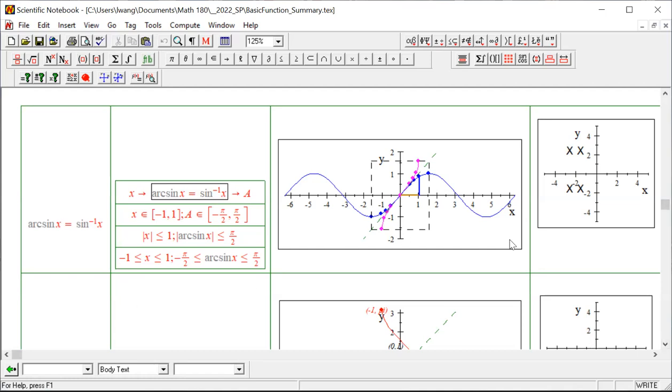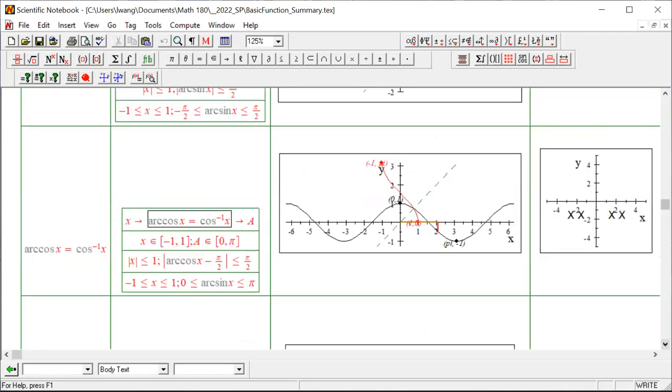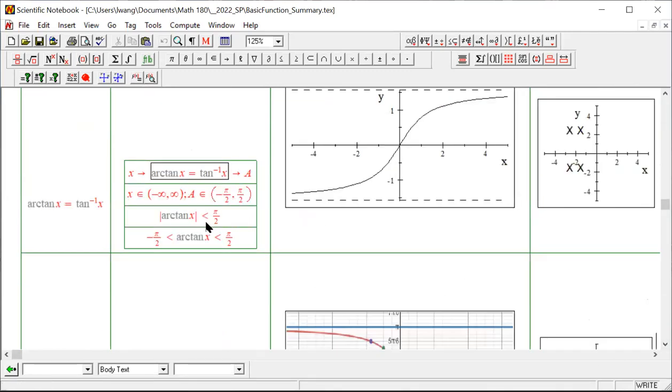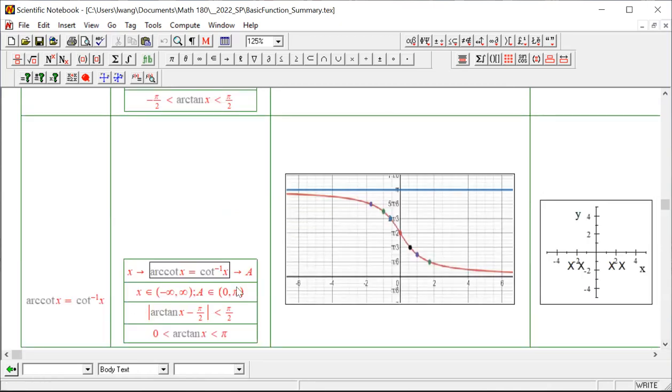So this is arc sine, the purple, the arc cosine, arctan, all forms are given to you. Interval form, absolute value, inequality form, arc cotangent, all the forms are given to you.